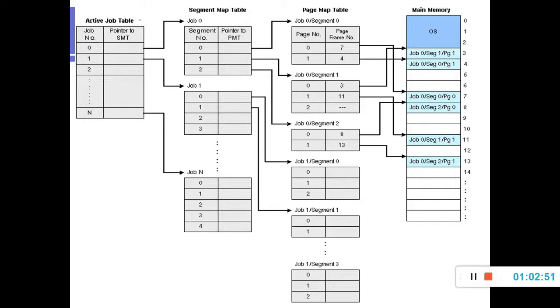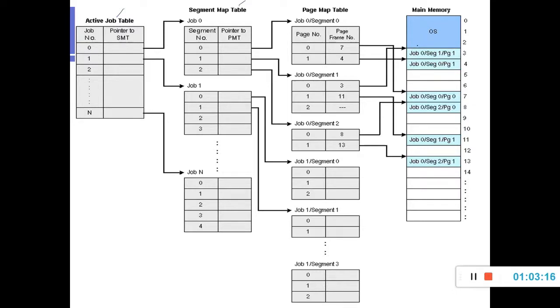So you have the active job table, which is the first table. This is the segment map table, where you break a job down into several segments, and all this is loaded into the main memory.